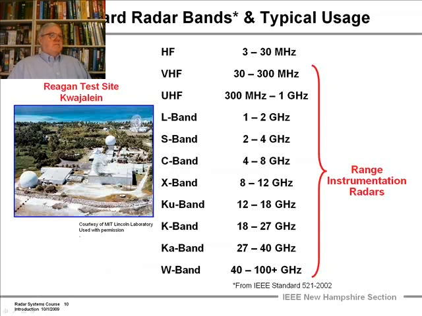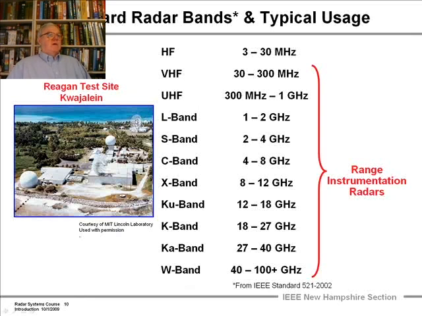Here we see the set of range instrumentation radars out at Kwajalein in the Marshall Islands that are used to measure the observables on targets, missiles that are flown from Vandenberg Air Force Base. U.S. ICBMs are tested from Vandenberg into Kwajalein, and they cover the whole range.